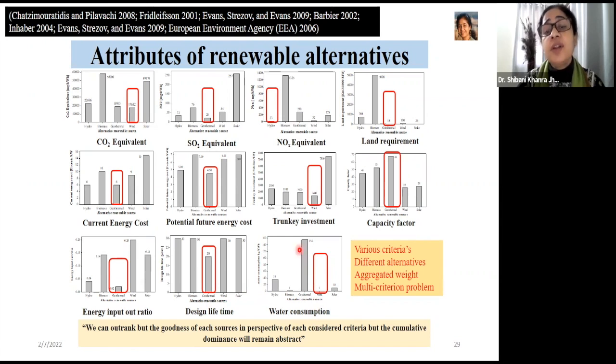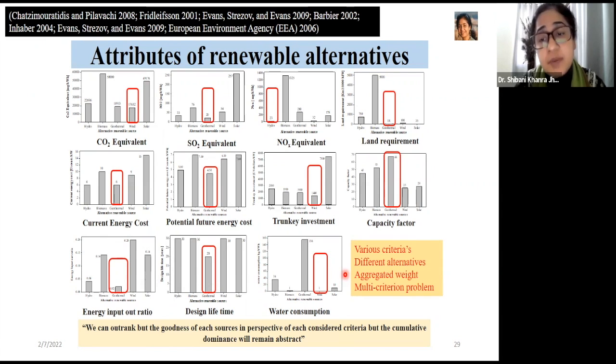Water consumption, however, is one of the largest in case of geothermal, because water drives the heat which is extracted, so it is largest, whereas it is least for wind source. So now from these attributes of renewable alternatives, one can understand there are various criteria which need to be taken into account to establish which alternatives are ranked better than the other.